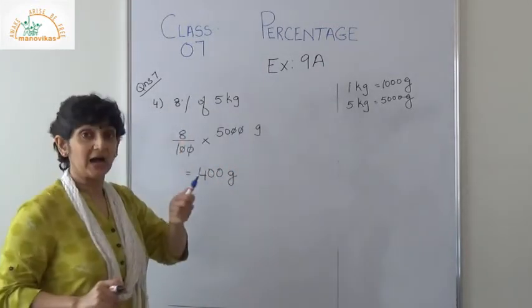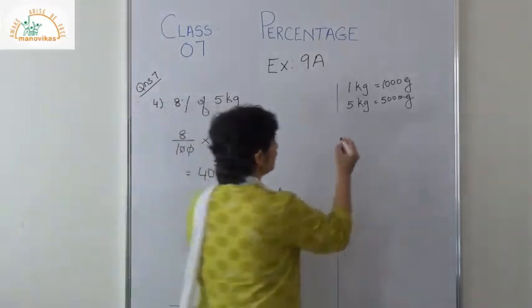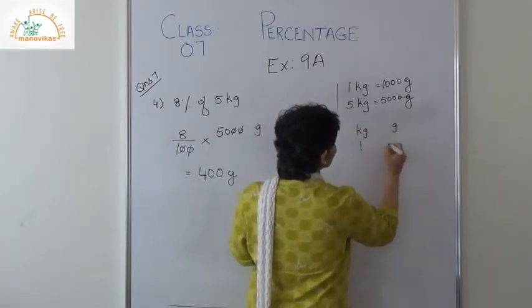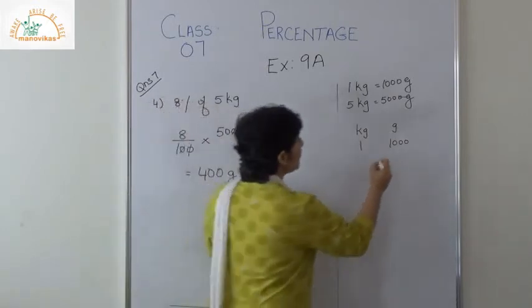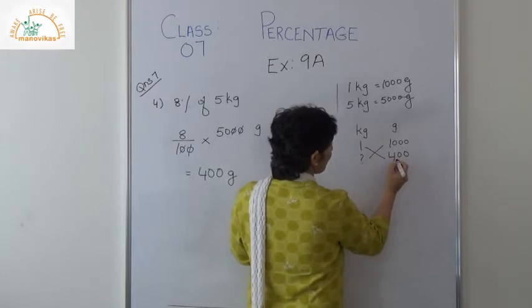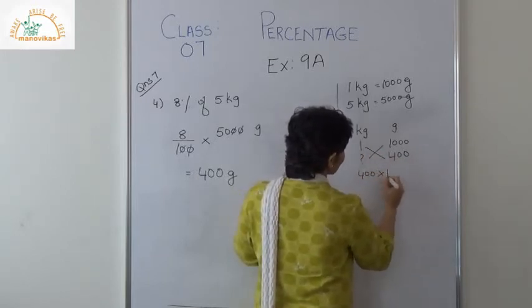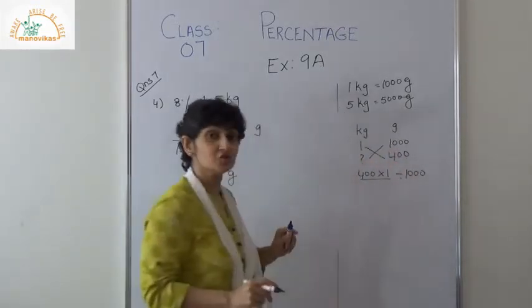But children, I was given in kgs. So how do I convert? Now you know kgs and grams. 1 kg is 1000 grams. So I have 400 grams. How do I convert it into kgs? 400 into 1 divided by 1000, isn't it? Where there are two numbers, you multiply.